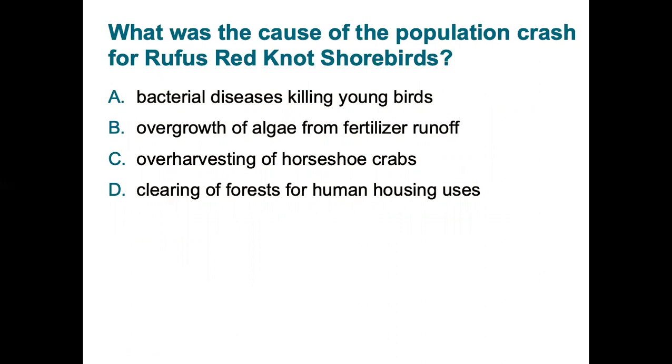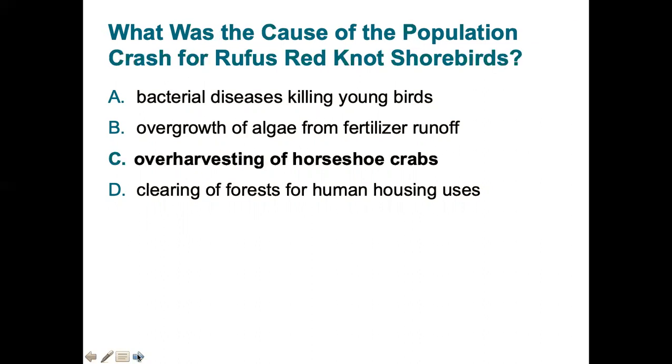The eggs of the horseshoe crabs are the primary food source for the rufous red knots when they're migrating. And since those horseshoe crabs are extremely over harvested, the loss of food for the shorebirds has caused the population crash of the shorebirds.